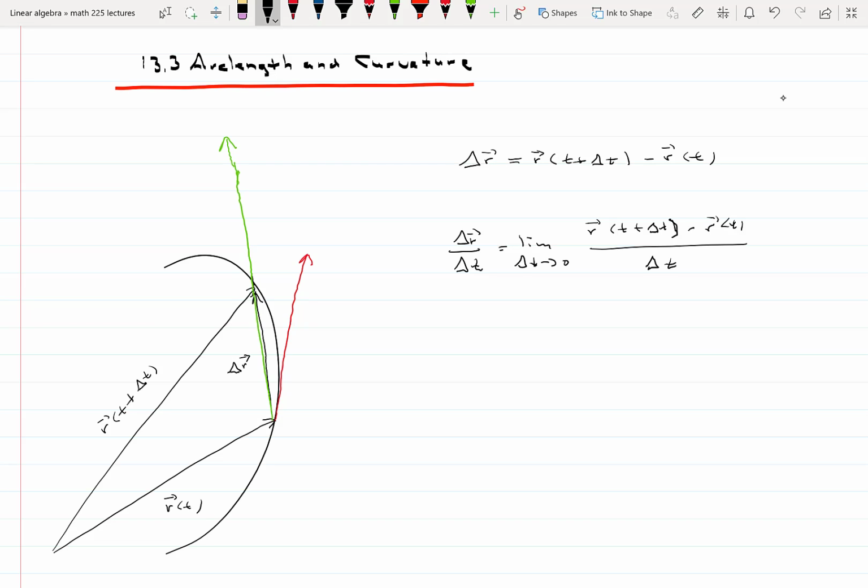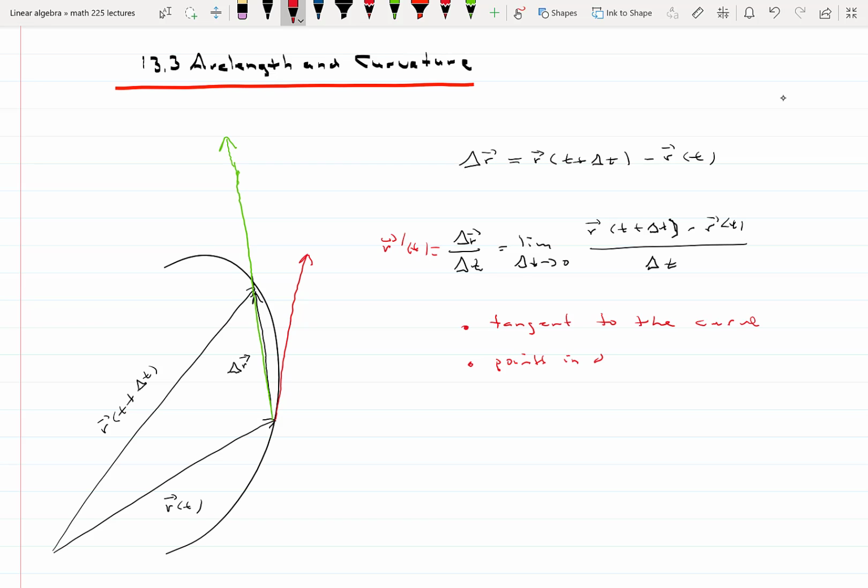We define that as the tangent vector to the curve, and symbolically as the derivative of the position vector, r prime of t. So r prime of t is a vector that is tangent to the curve and also points in the direction of increasing t.